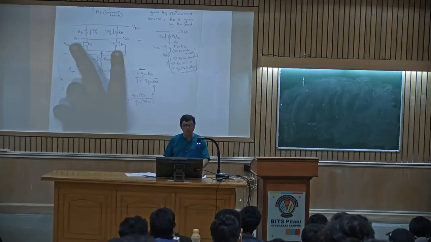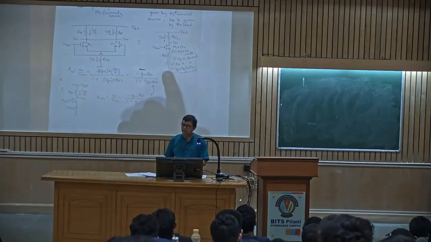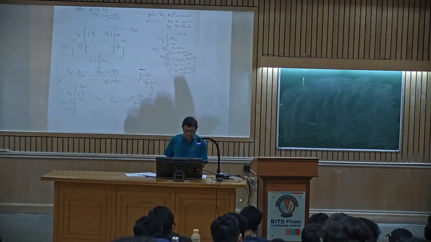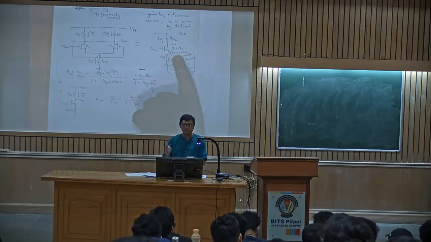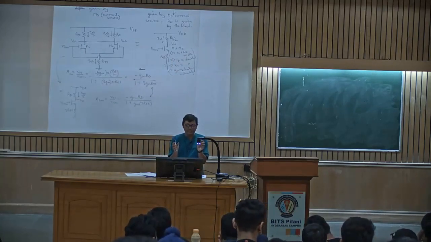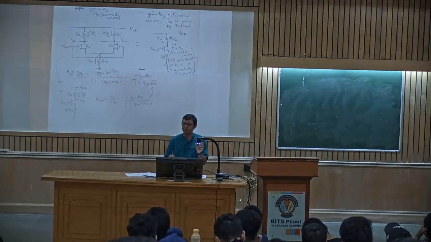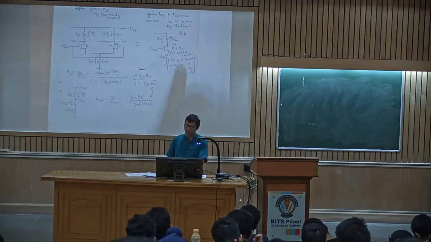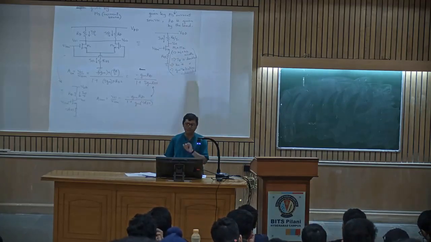So if you follow Razavi's technique, it might be a little difficult to understand. But you know that GM is essentially doubled. Doubled means it is basically the addition of GM1 plus GM2. So the moment something is mismatched, GM2 is slightly higher, you know how to deal with this.